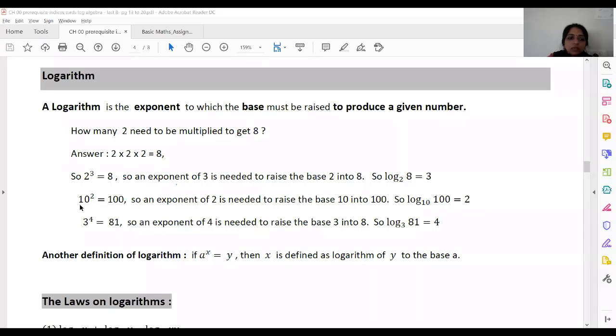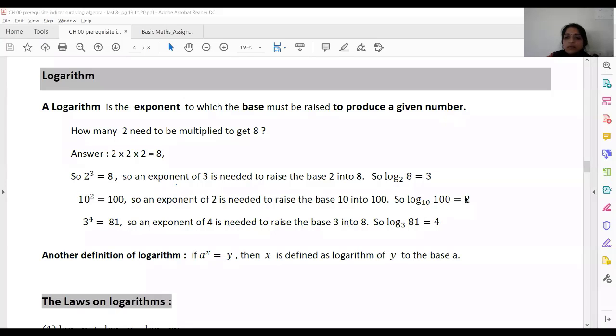For this, what is our base? Our base is 10. So log base 10, 100 equal to 2. Log base 3, 81 equal to 4. Vice versa, log base 2, 8 equal to 3. If we convert into the form of indices, then 2 raised to 3 equal to 8.